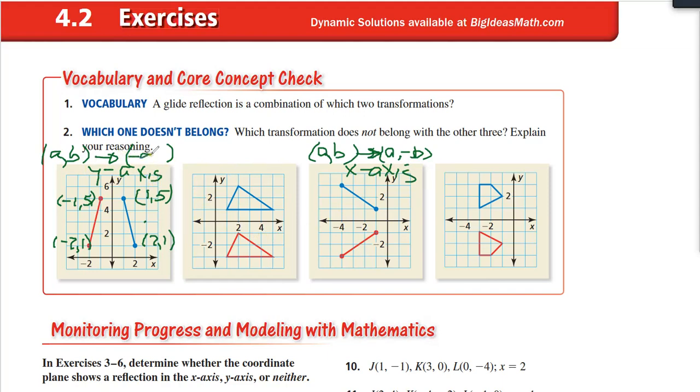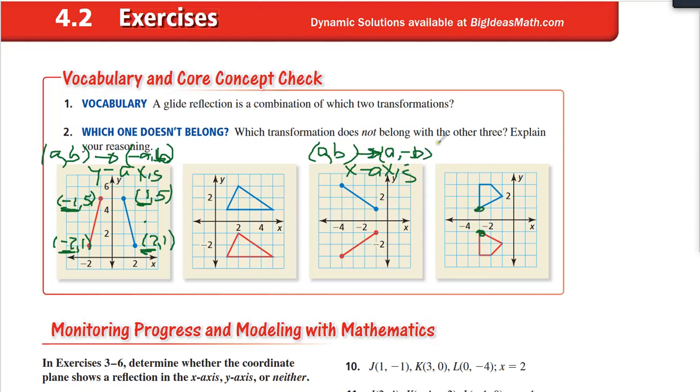It's -A, B, right? The first one, the x one, changed sign. The y stayed the same, the x changed signs. Here, the x stayed the same, and the y changed signs. This one is also a reflection across the x-axis.